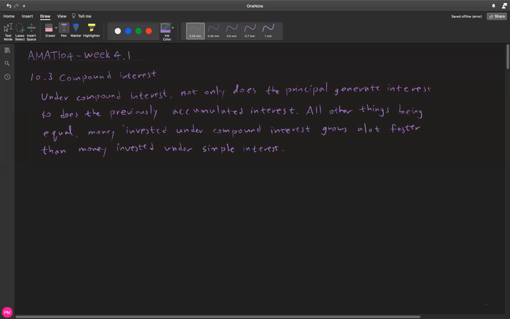But what does it mean by it accumulates interest on the previously accumulated interest? So let's go over an example to understand what that means.